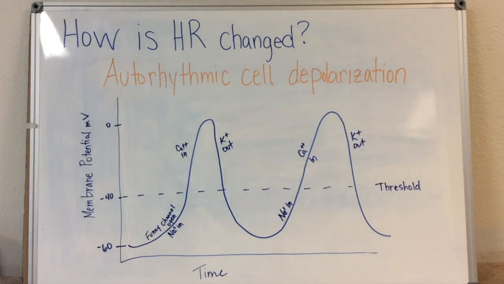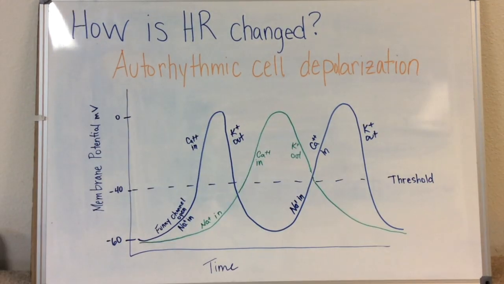When the parasympathetic system is innervating the SA node, it affects the amount of time it takes for threshold to be reached. As you can see, the parasympathetic system is represented by the green line. In the same amount of time that the SA node was depolarized twice, the parasympathetic system decreased it to 1 action potential.